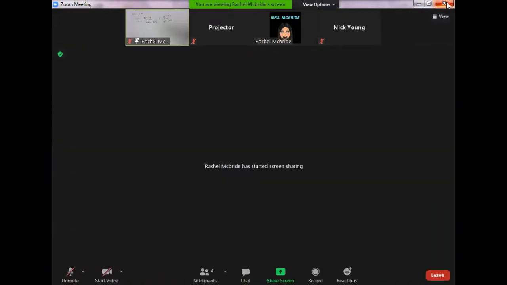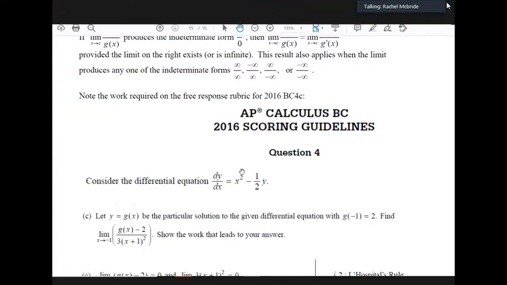If you go back here, we were told dy dx is equal to g of x, so that means this is also g prime of x. To know what g prime of negative 1 is, I'm using that right there.